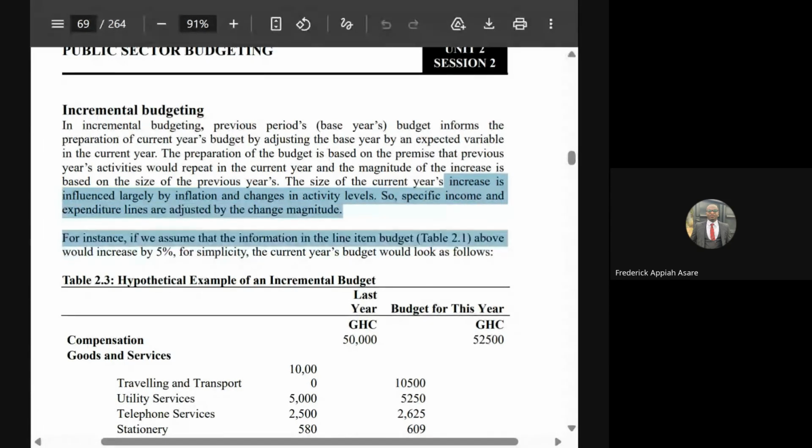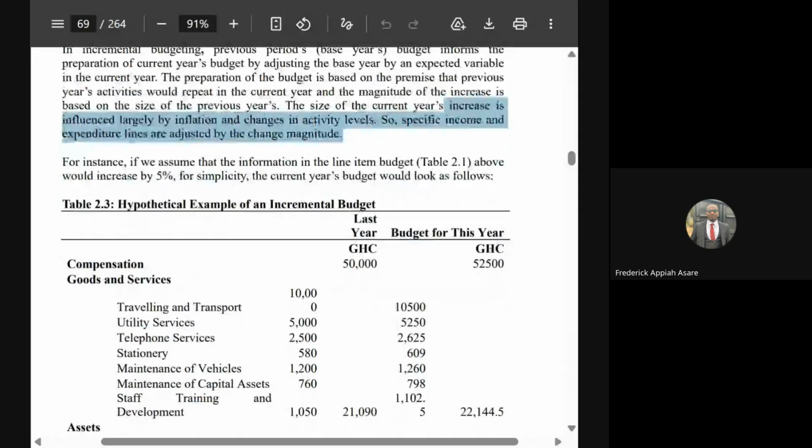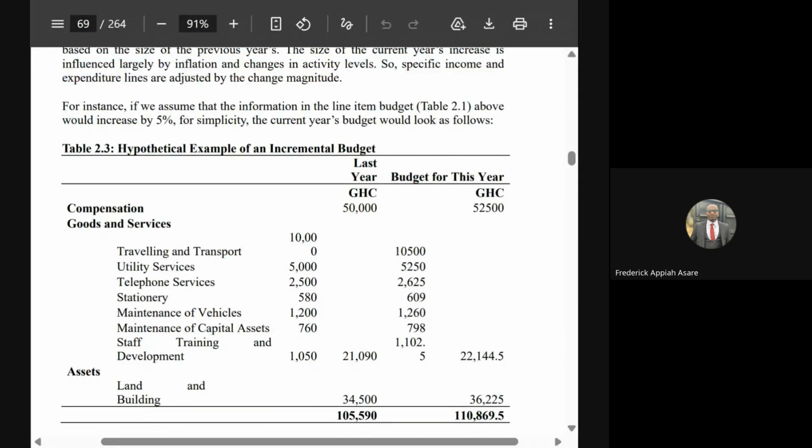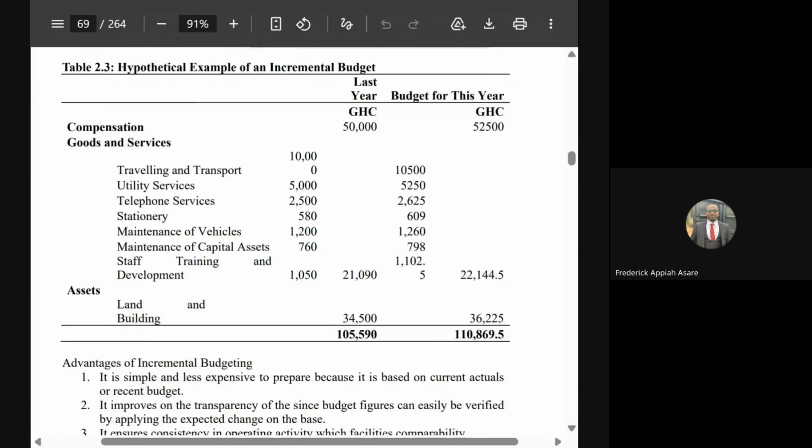So specific income and expenditure lines are adjusted by the change magnitude. For instance, we assume that the information in the line item budget above would increase by 5% for simplicity. The current year's budget will look as follows. So this is how it will look.